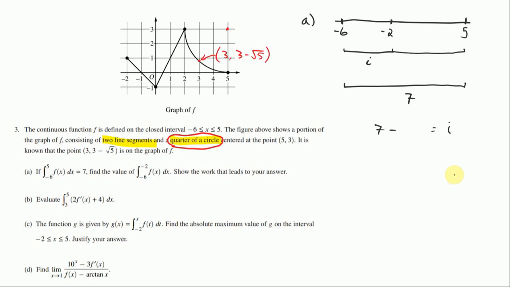So let's do that. If we're starting at -2 and we're looking at the area here, we can see that the area here and the area here are going to cancel. Then this area here is going to cancel with this area here. And you can just tell this by looking at it.